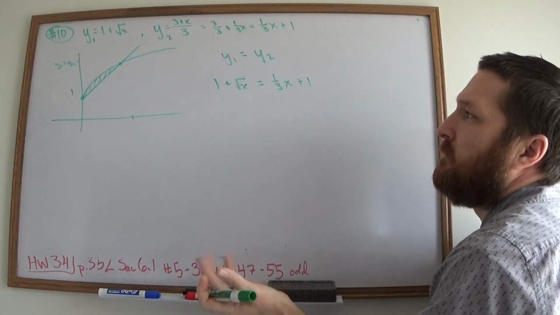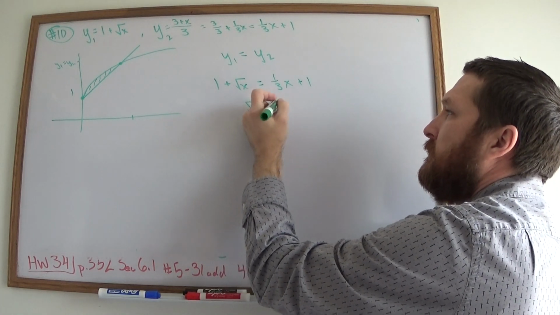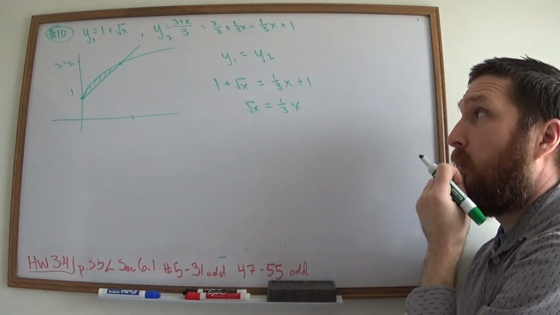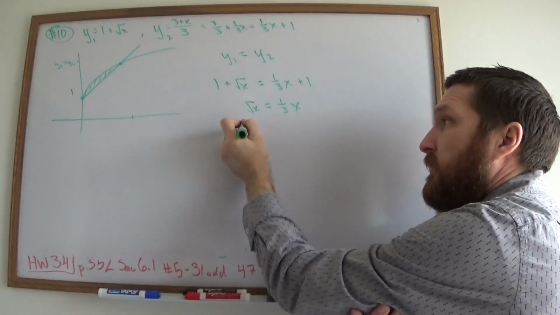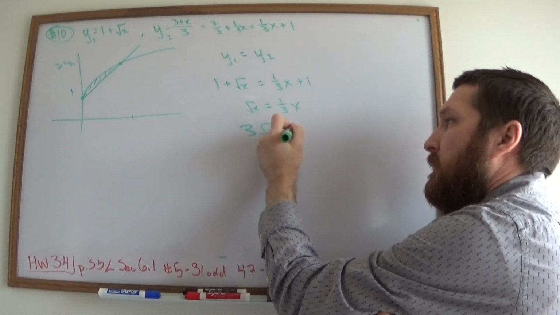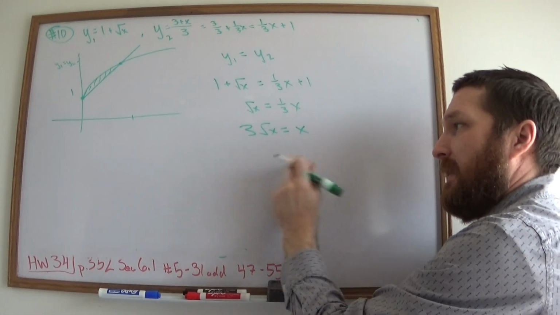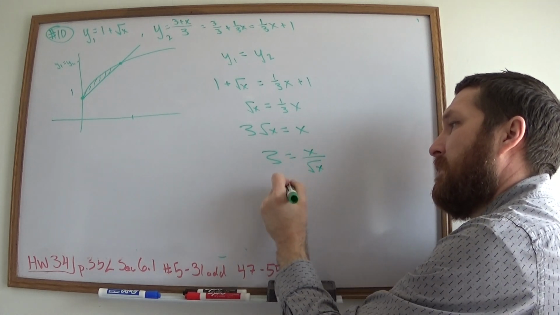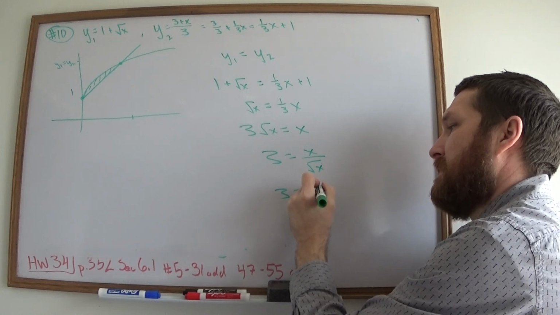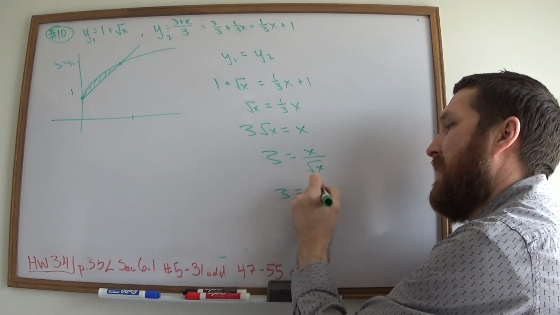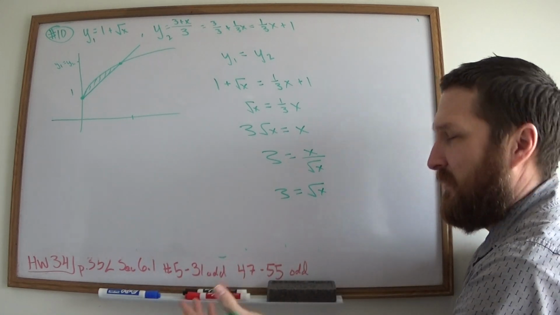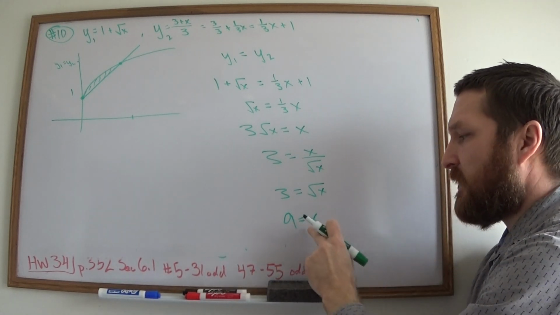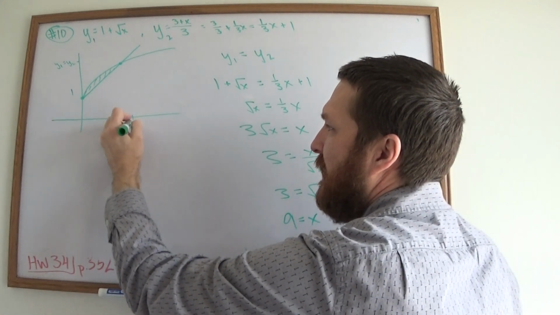The ones go away. We could square both sides, or bring the 3 upstairs and then bring that guy downstairs, and you'll end up with the same thing: 3 root x equals x, then you square both sides. So it's 9. So x is 9.